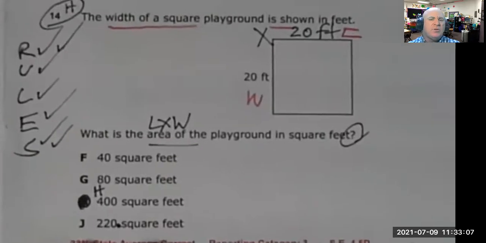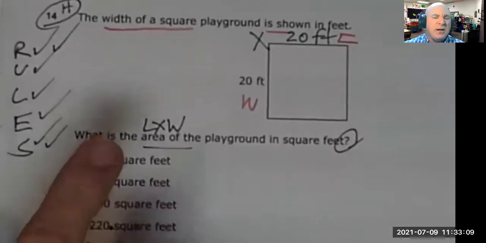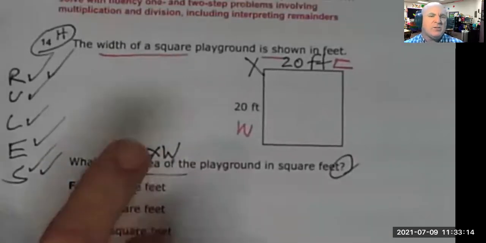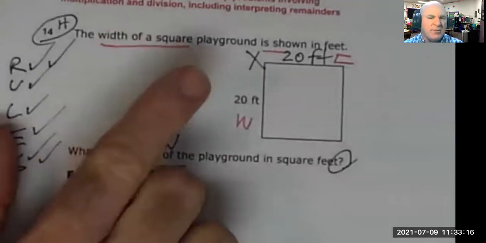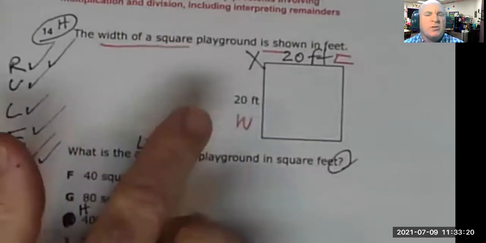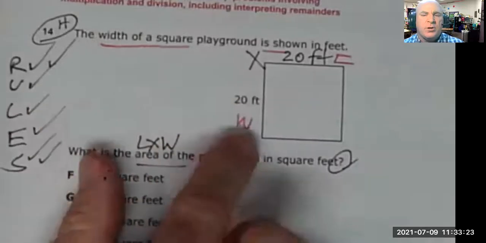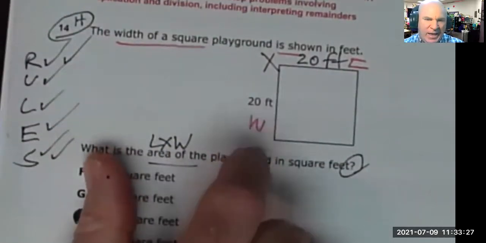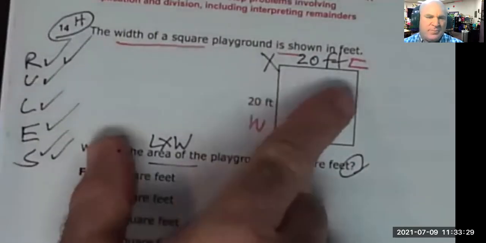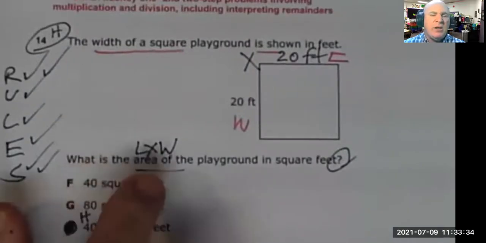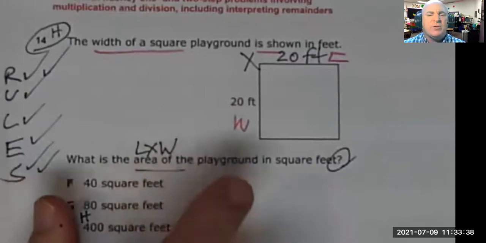So there's the whole numbers, and this was not open-ended. It had four answers. But if your kids start by reading the problem first, they might start doing what's called the perimeter instead of the area. So the question says, what is the area, length times width, of the playground in square feet?